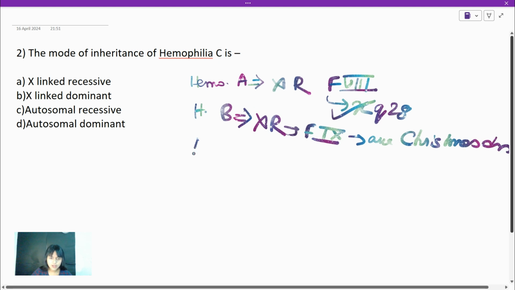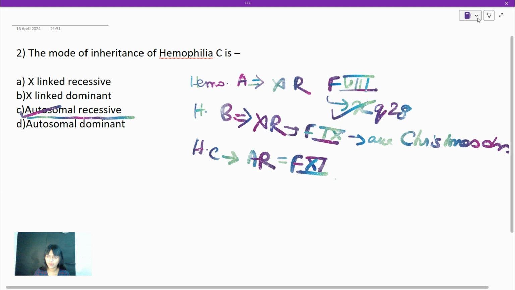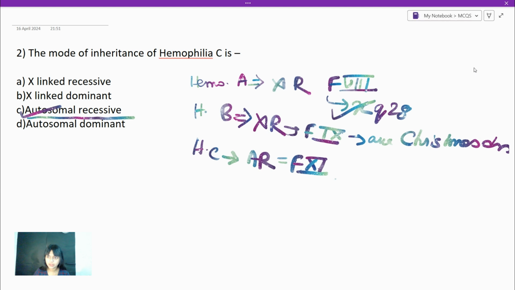Okay, next moving on to hemophilia C. This is an autosomal recessive disorder due to factor 11 deficiency. Okay, so the answer for this is option number C. Clear students? Now moving on to the third MCQ.